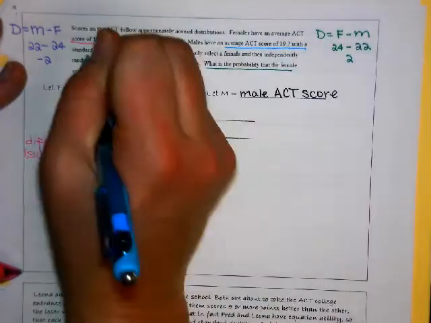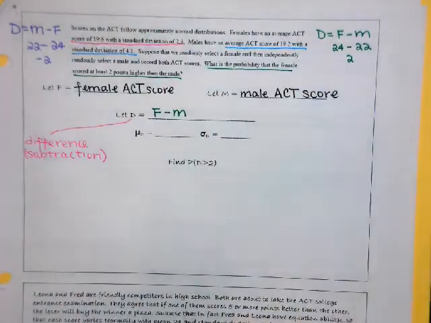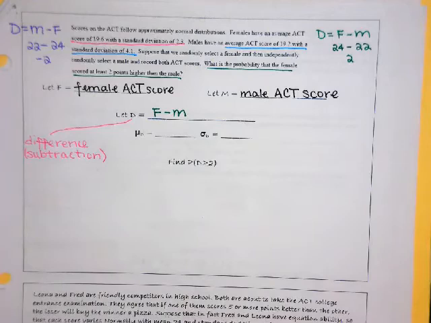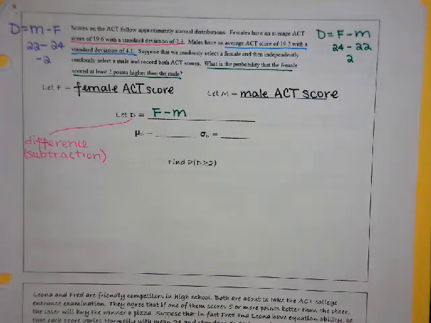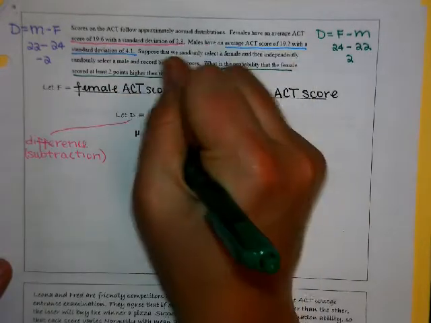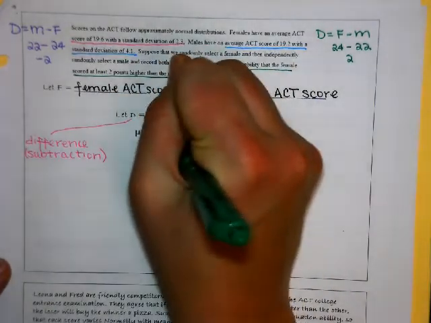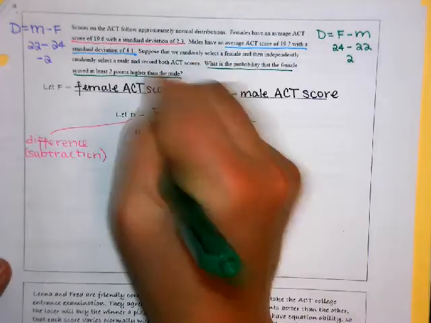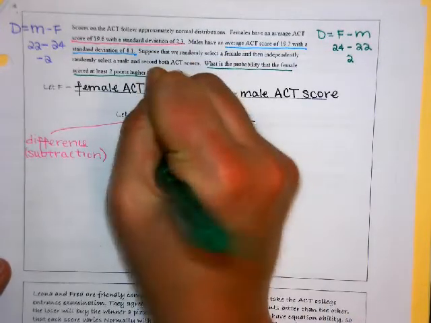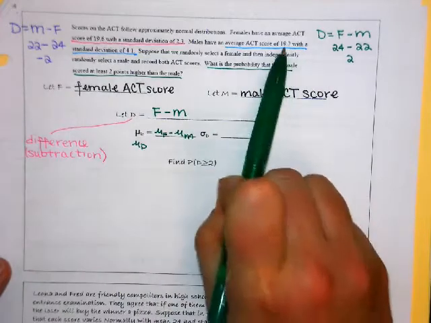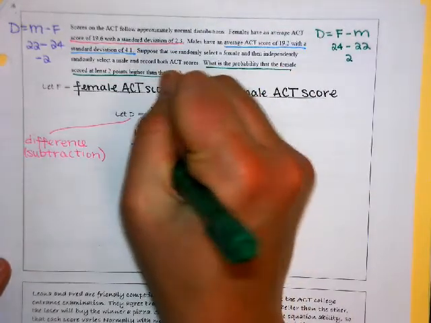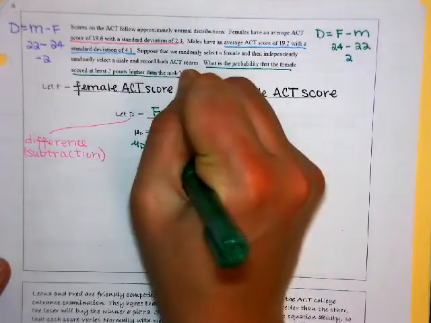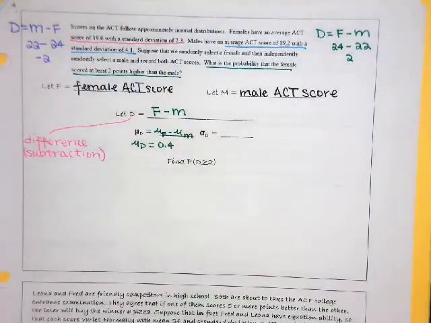So to find the average D, we take the average female score minus the average male score. That'd be 19.6 minus 19.2, which is 0.4. Everybody good with that part? I just took female average minus male average.